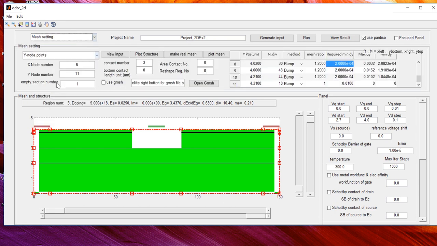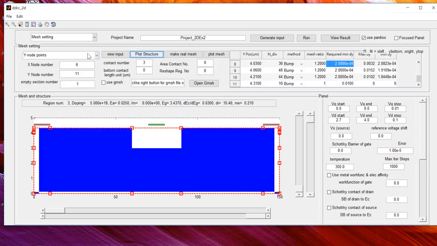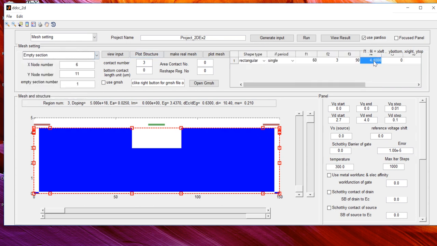Don't forget one thing: the empty section. For me it's 4.4, so I'm fine. But right now it's 4.31. So you need to make a larger empty section. Don't forget this.